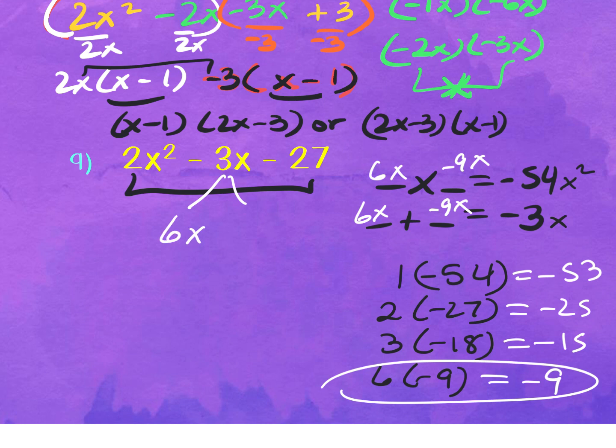So let me just show you. You would think that you'd want to put maybe the 6 first. Let's put the 9 first. It doesn't matter. You're going to get the same answer either way. So then I'll bring down my 2x squared and bring down my -27.